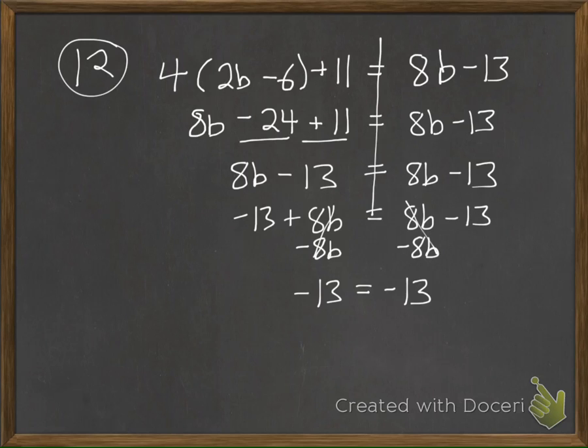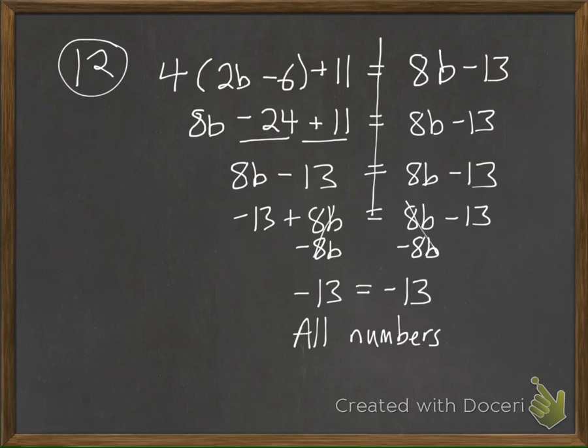Because 8b equals 8b. Okay? So, when you come up with a statement like this, that tells you that all numbers work. It doesn't matter whether you put in a decimal number, a fraction, a negative number, a positive number, 0, any value you put in for b will work.